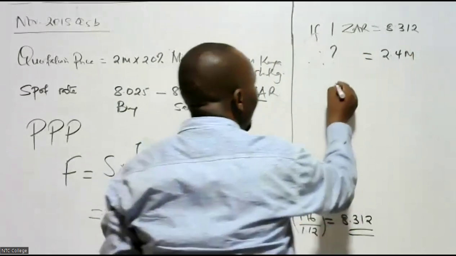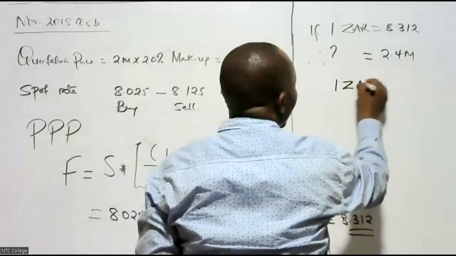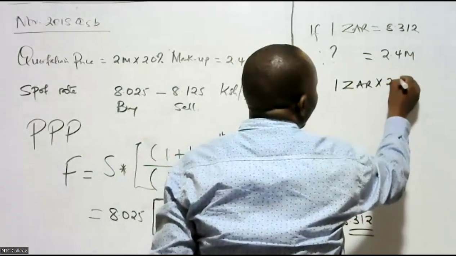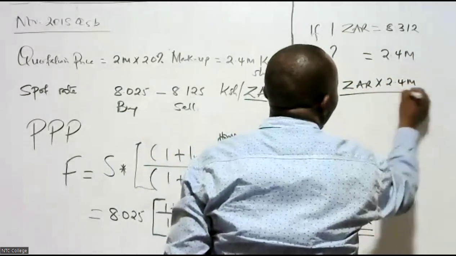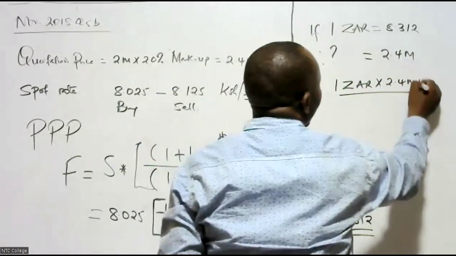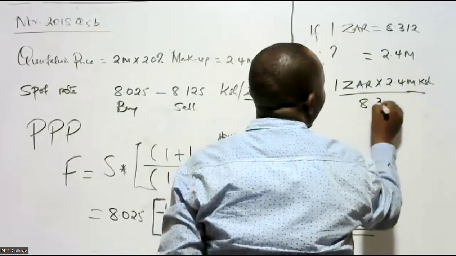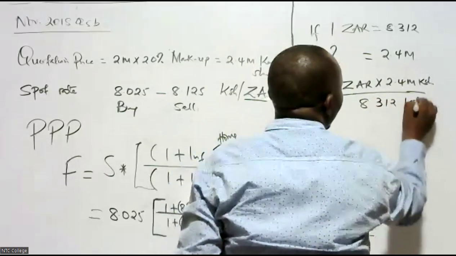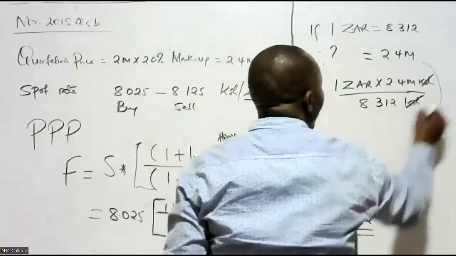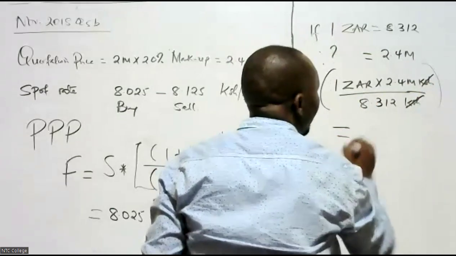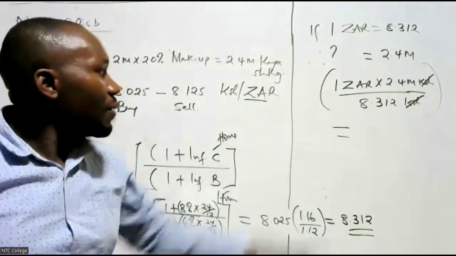So we are having 1 ZAR times 2.14 M all over, of course, this one is Kenya shillings, all over 8.312 Kenya shillings. So this cancel each other. The answer that you're going to get is ZAR. Remember, this one is million.